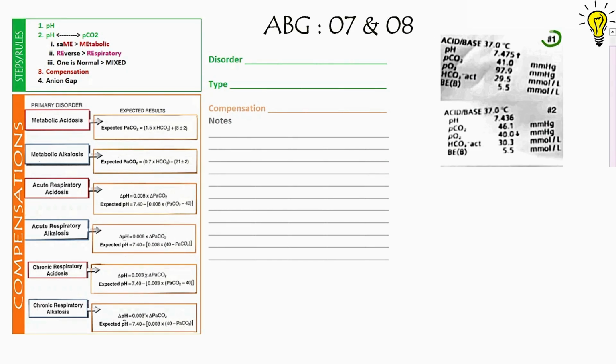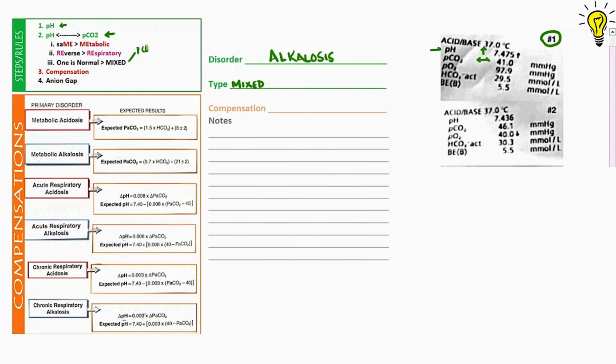So now ABG 7 and 8. In the first ABG, pH is 7.475, so upwards, meaning alkalosis, but carbon dioxide is normal. So again, when either of the two is normal, it is considered a mixed acid-base disorder. So here, since carbon dioxide is normal, it is the direction of pH that will dictate the terms. So high pH, meaning metabolic alkalosis plus respiratory acidosis.